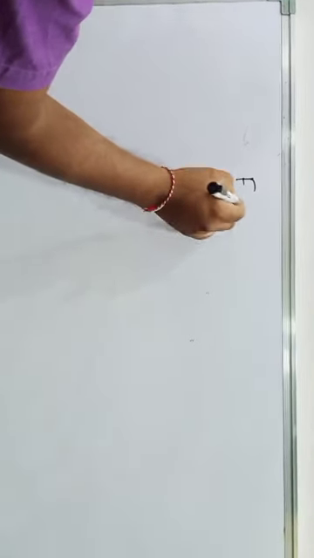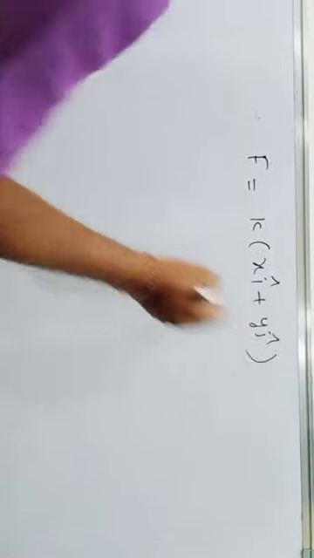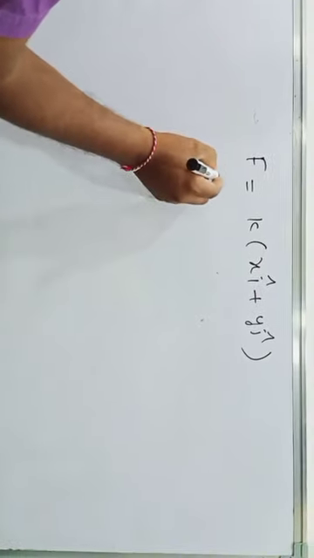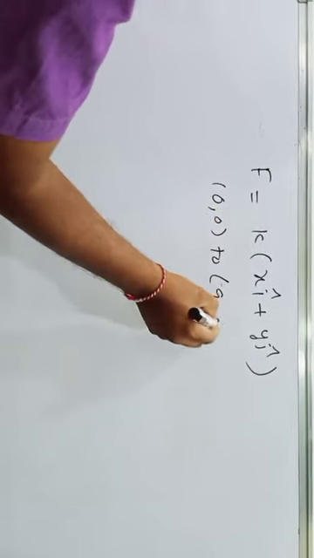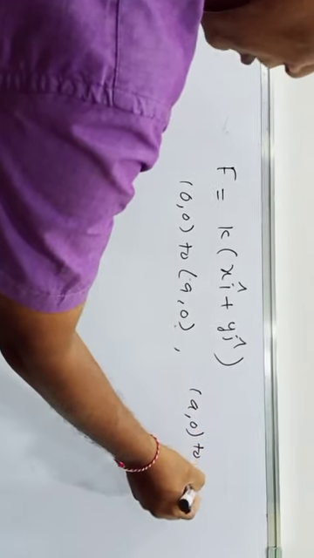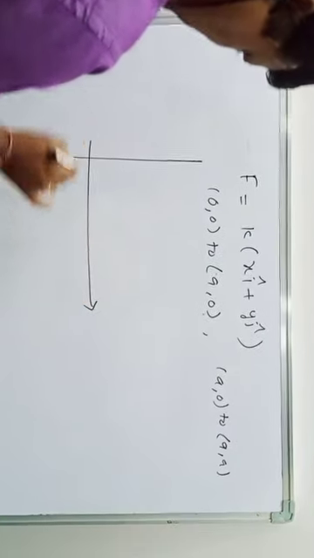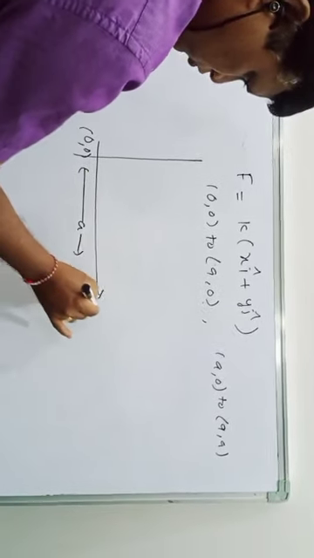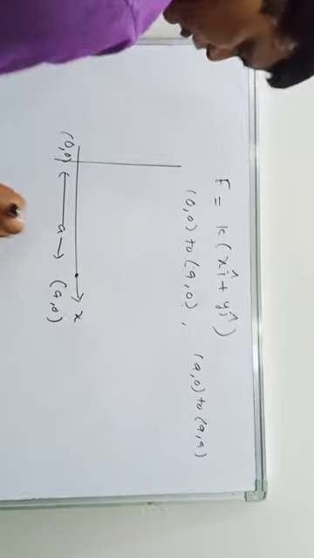F is equal to k into (x i cap plus y j cap) is the force acting on the particle, which moves from the origin to (a, 0), and then from (a, 0) to (a, a). The particle first starts from the origin along the x-axis, so the coordinate is (a, 0), which is present along the x-axis.